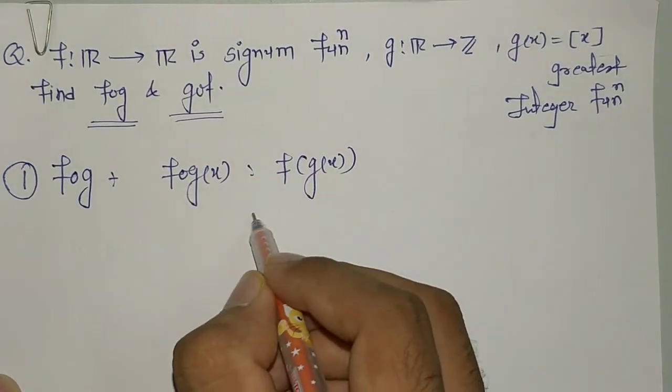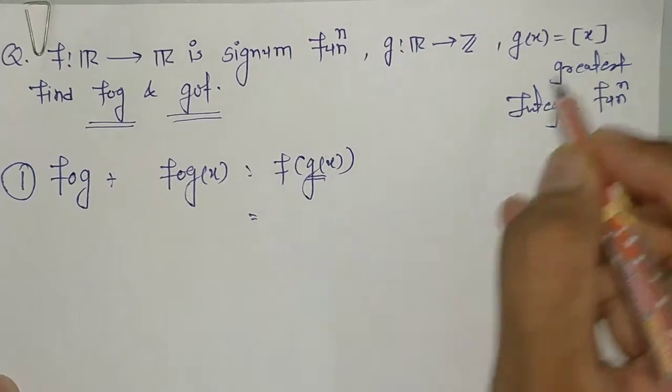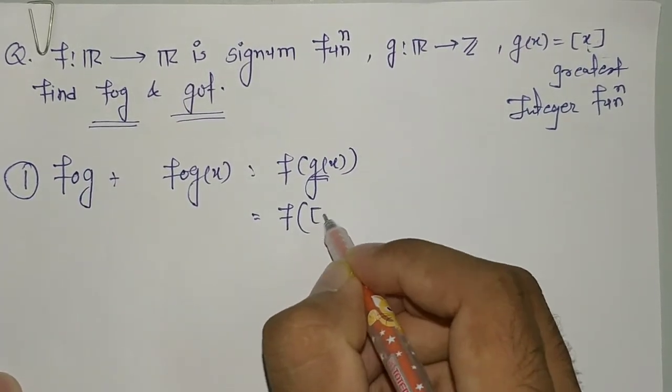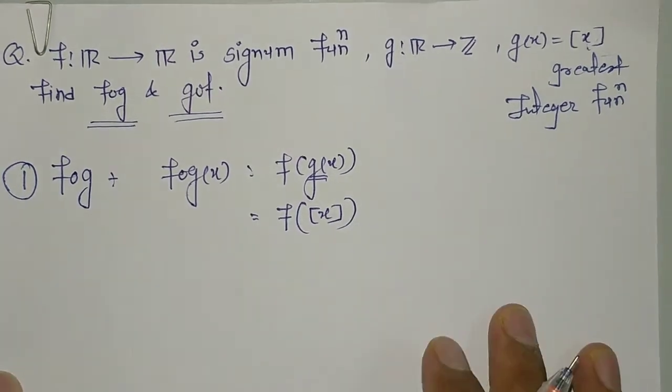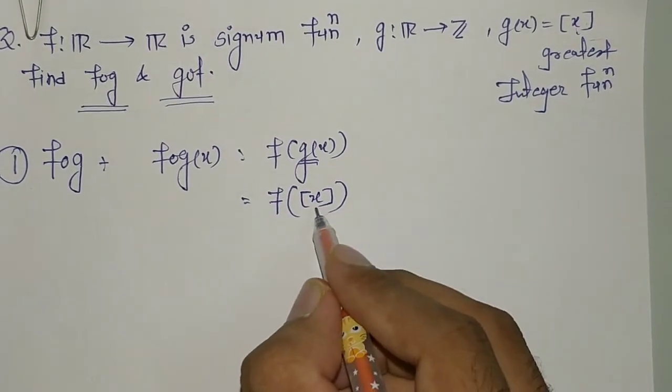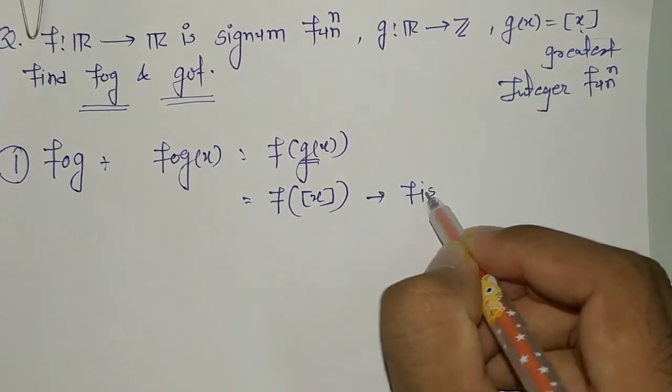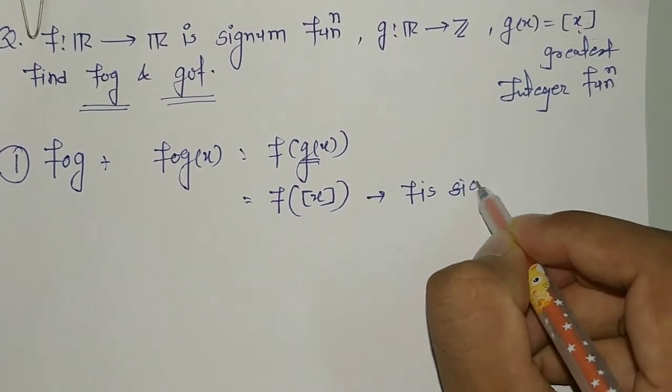Okay, so first fog, that means f of g of x. G of x is a greatest integer function, so if you replace it, you will get f of greatest integer of x. Now f itself is a signum function.